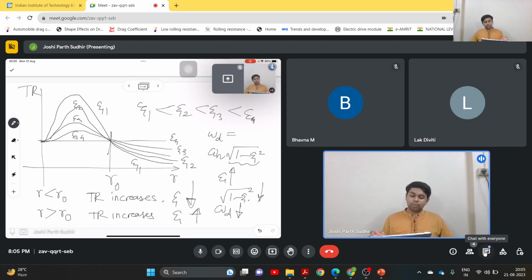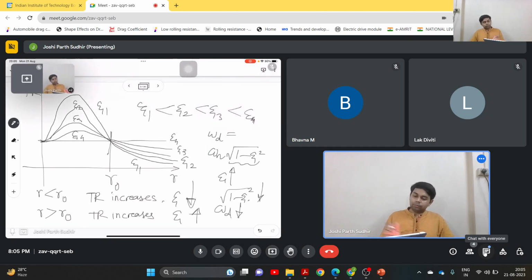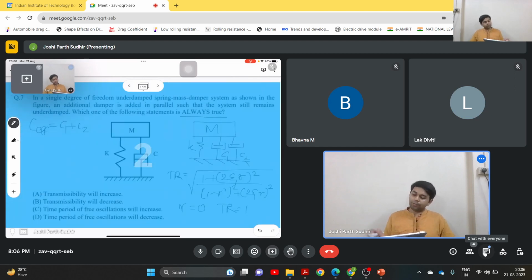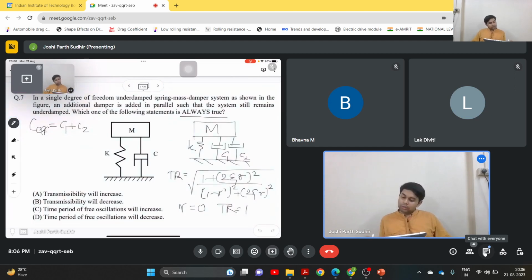The time period is 2 pi upon omega d, so when the damped natural frequency decreases, the time period will increase. So when damping increases, time period will also increase. So statement C is the correct answer over here.